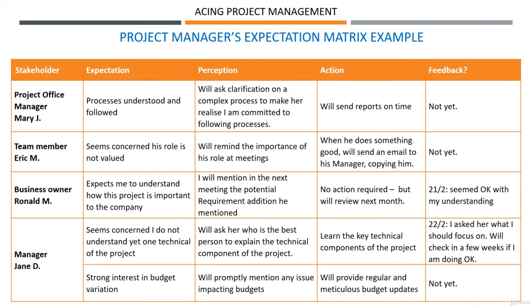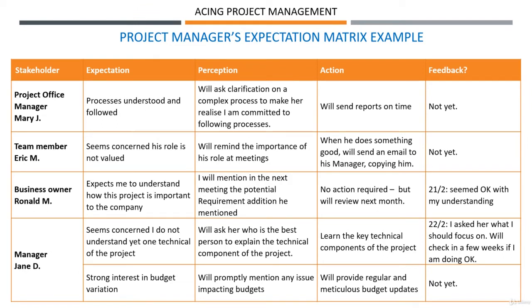So as a stakeholder, for instance, you could have the project office manager, Mary, and her expectation is processes to be understood and followed. So what could I do for her to be confident that I'm keen and willing to follow the processes?